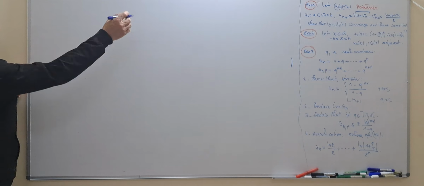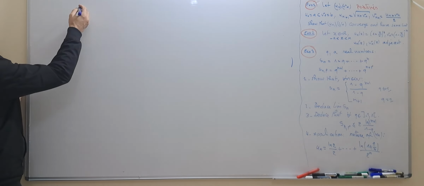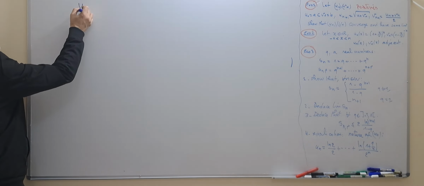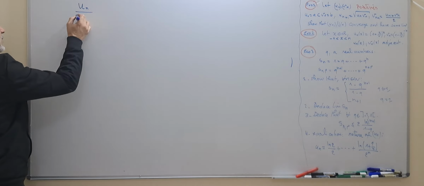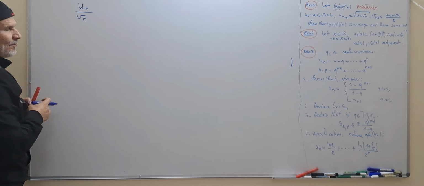First of all, we consider Un divided by Vn.